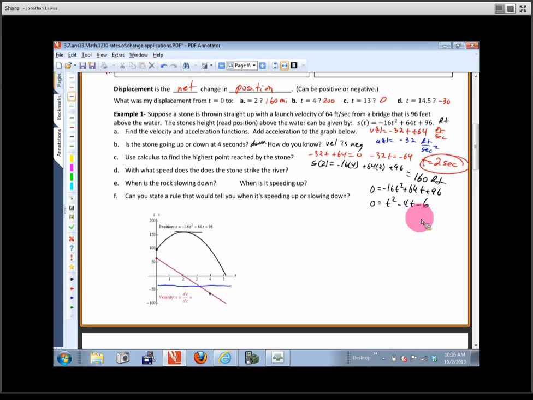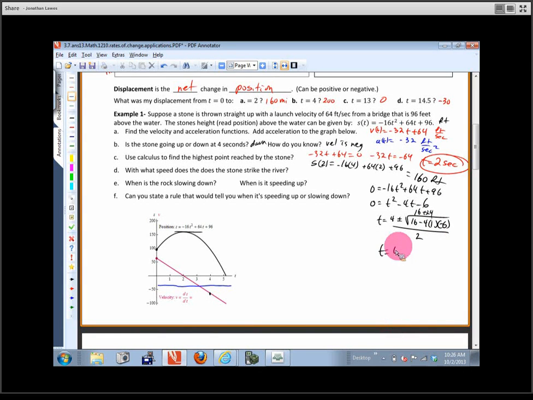Nope. So let's solve it using the quadratic formula. So that's going to be t equals 4 plus or minus the square root of b squared, so that's 16, minus 4 times a times c. So that's a 1 and a negative 6, all over 2. Usually best not to skip this part. That's going to be 16 plus 24.